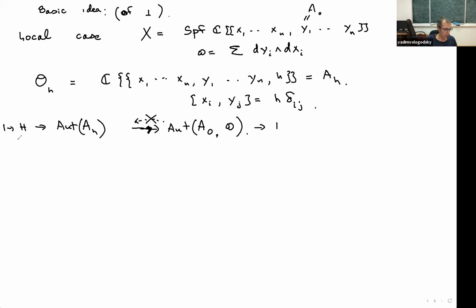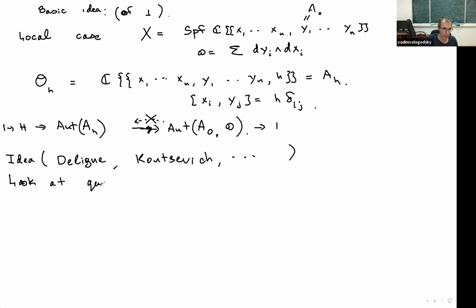It turns out, which is kind of the idea now, attributed in literature to Deligne, maybe Kontsevich, and other people, maybe Greenfield, and there is a long list, that instead of looking at quantizations of algebras, look at quantizations of the category of quasi-coherent sheaves on X.